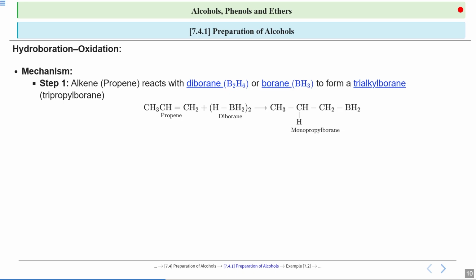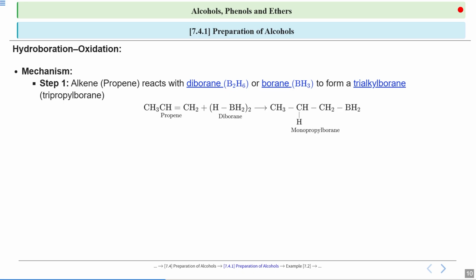The anti-Markovnikov rule says that the negative part, here HBH2, so H is positive and BH2 is negative. So here BH2 negative is going to attack the carbon which is having more number of hydrogens, and the hydrogen positive will attack the other double bonded carbon.